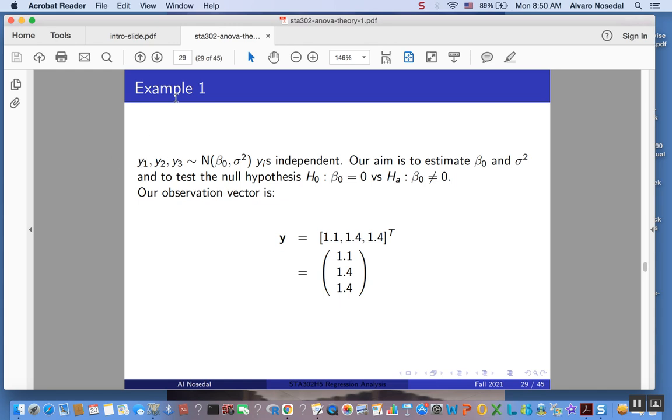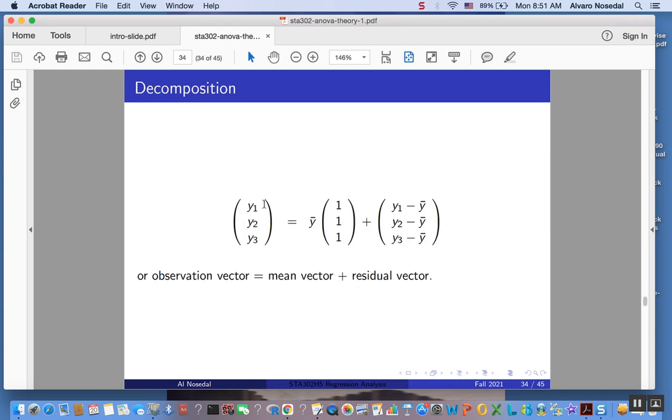Okay, so let's go back to that decomposition that we had. We had 3 observations coming from a normal distribution, and we are expressing them as a decomposition of 2 vectors.